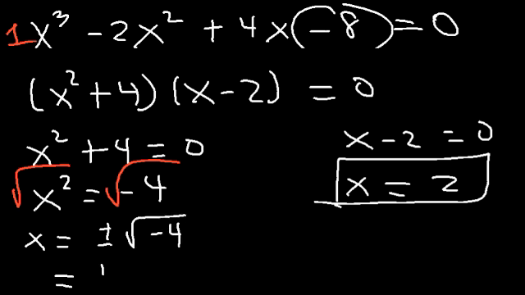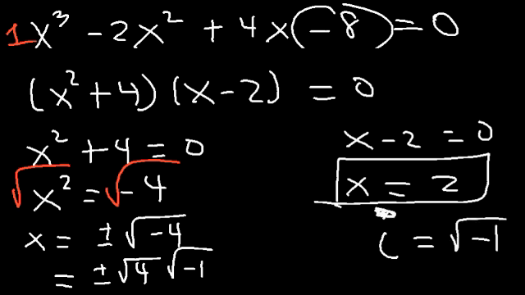Now this is the same as the square root of 4 times the square root of negative 1, since 4 times negative 1 is negative 4. You need to know that the imaginary number i is equal to the square root of negative 1. So therefore, this is going to be plus or minus the square root of 4, which is 2, and the square root of negative 1 is i.